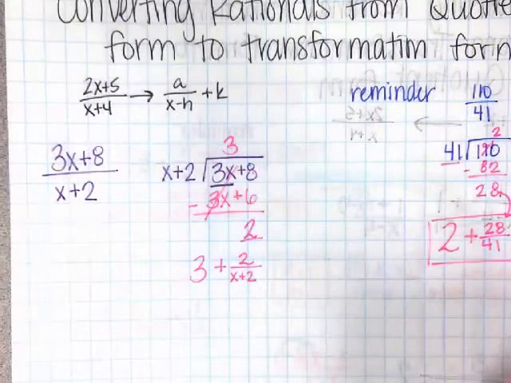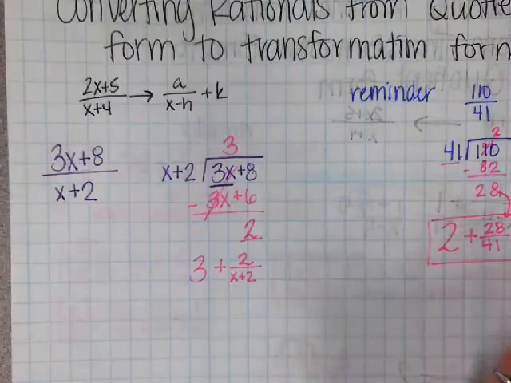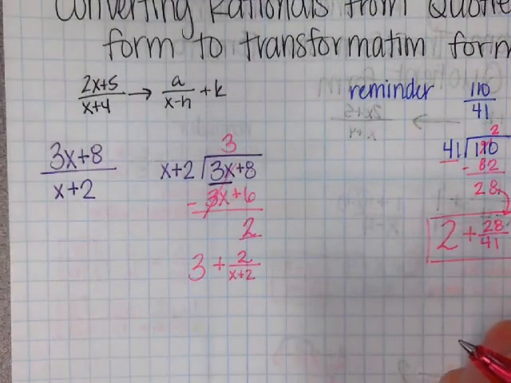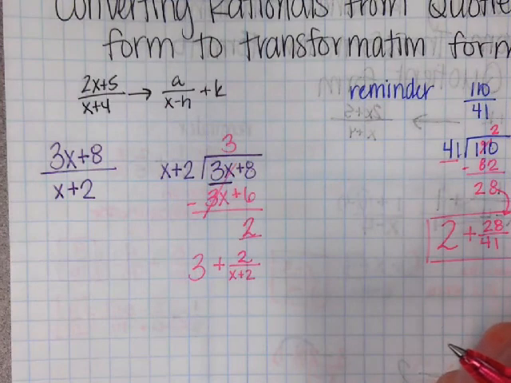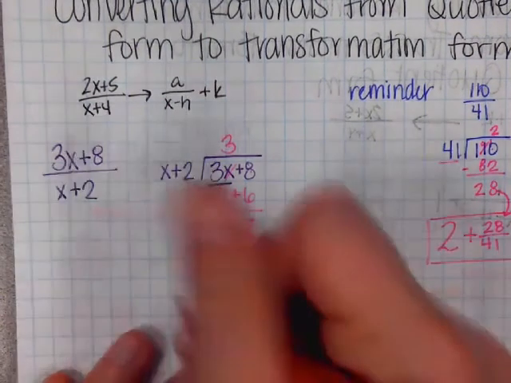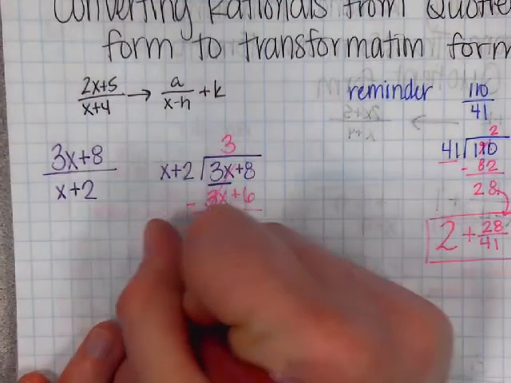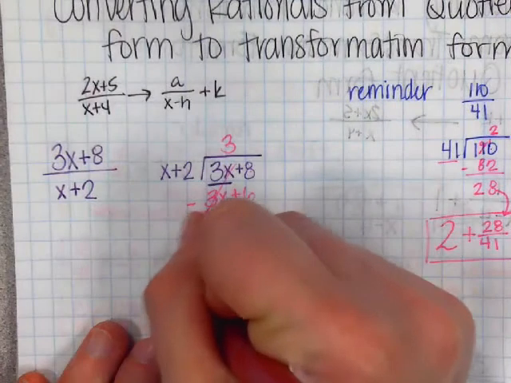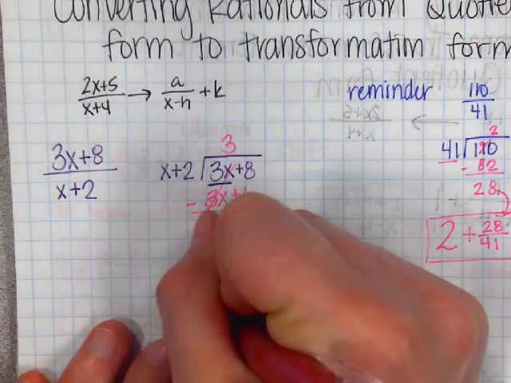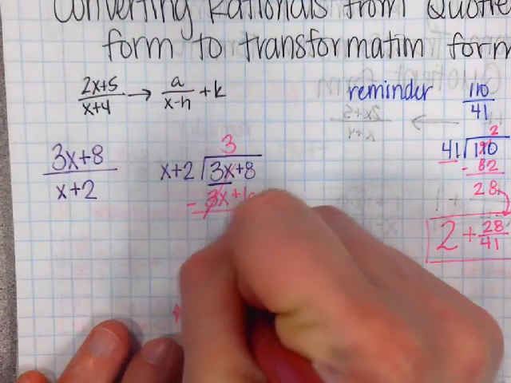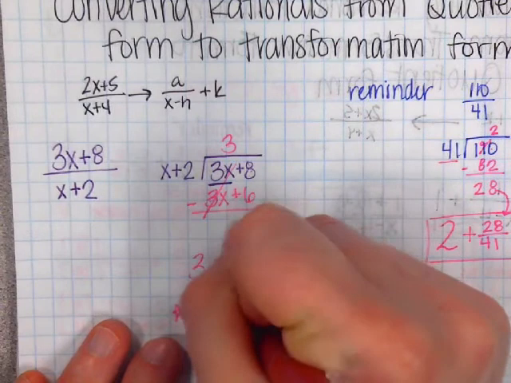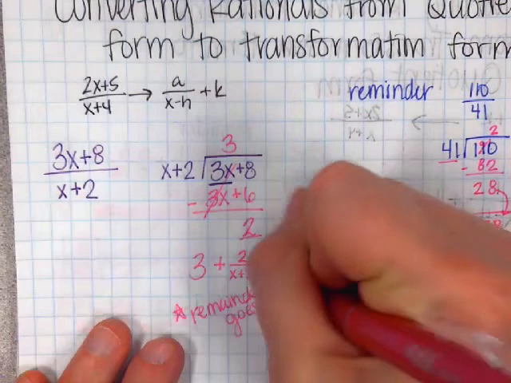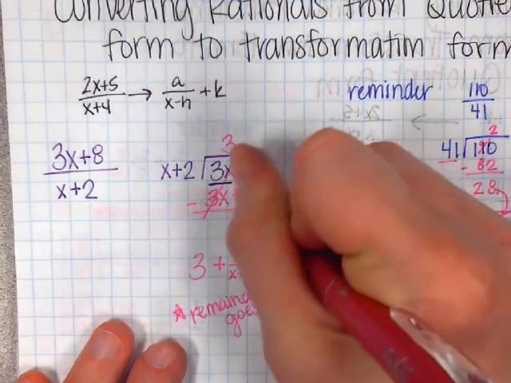So you just take this number and put it on top. Let me just go ahead and write this as a side note so you have it: the remainder goes on top.